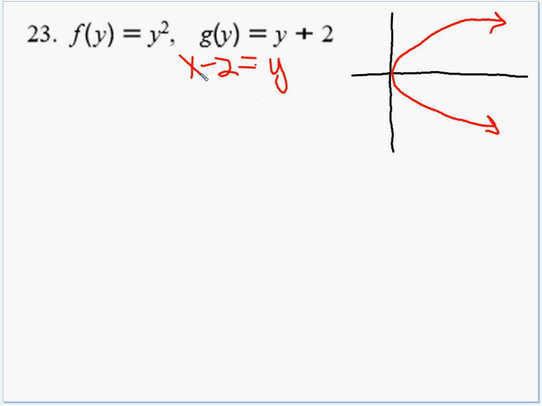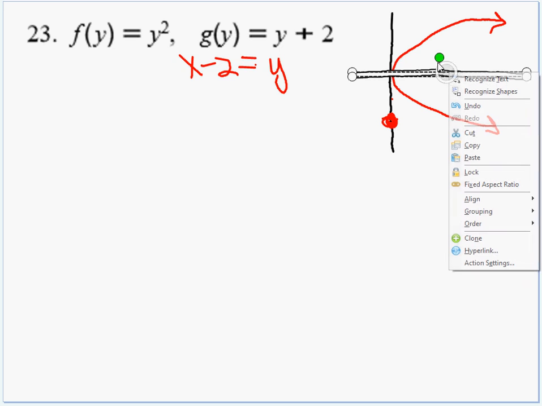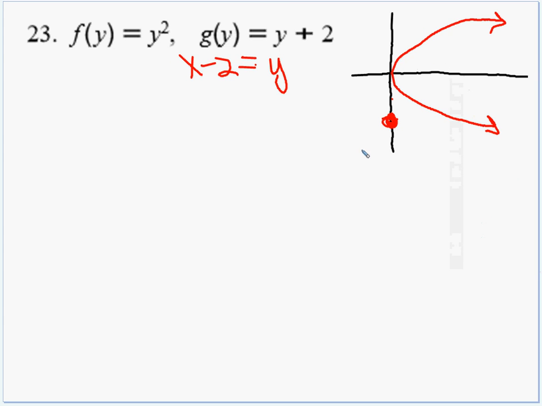So x minus 2, that's easy to graph. Negative 2 y-intercept, slope of 1. Up 1 over 1, up 1 over 1. So that line is going to go up this way. And the shaded region we're going to be looking for is right in here.